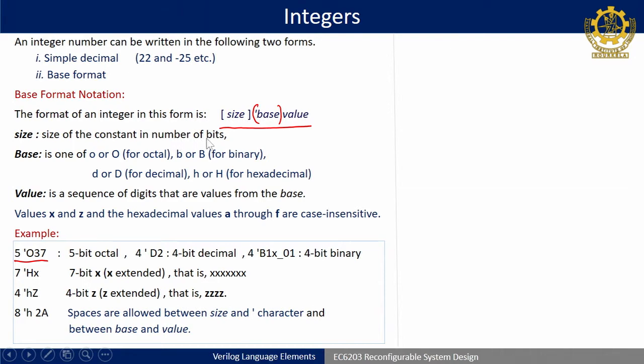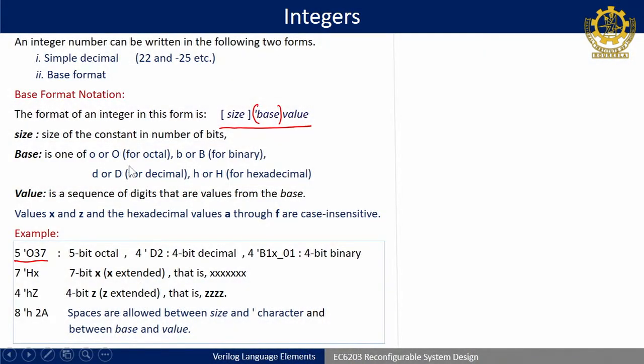It may be 8 bit, 10 bit, 16 bit, 32 or 64 bit, and the base will decide whether it is decimal, octal, hexadecimal or binary. Okay. Similarly, small o, capital O, small b, capital B are also treated as equal. You write either caps B or small b, they will be treated as binary. That is also a good thing. No need to remember which case we need to write the base in.